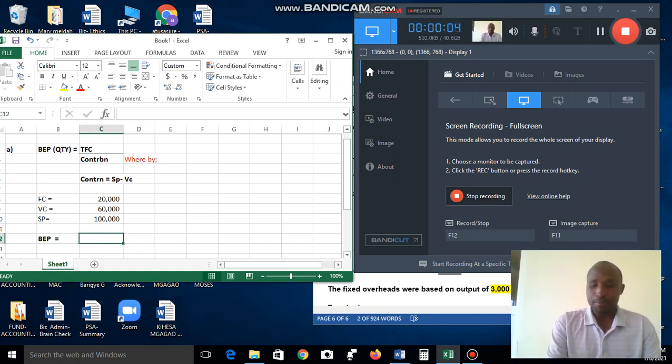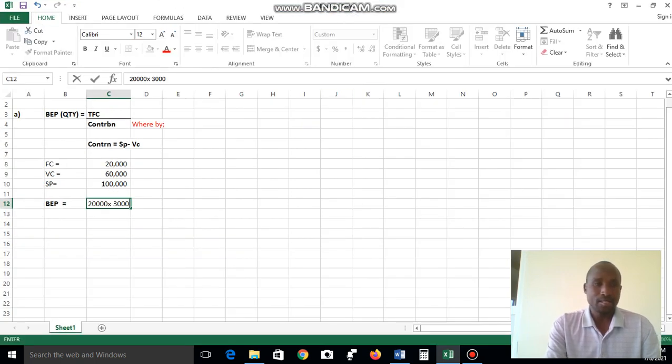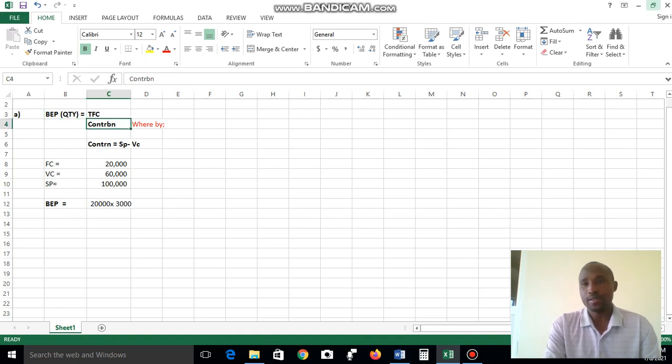Now, our break-even point here: we have our 20,000 fixed costs, times the units produced. Our units produced are 3,000, because the formula is very clear that you get the total fixed costs over the contribution.